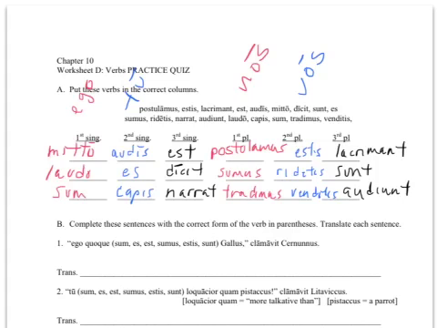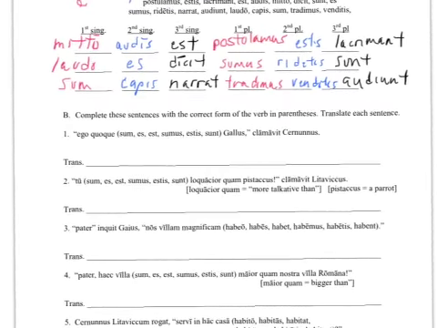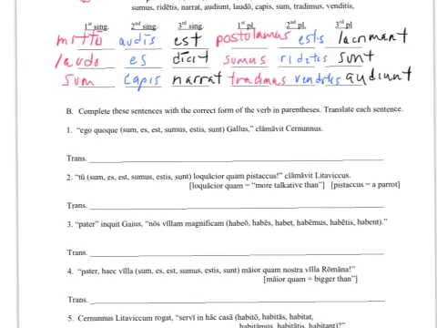Okay, so then what we do is we go down a little bit in the worksheet, and we notice that we're going to have to be able to not only put them in a chart like that, but also decide which one we're going to circle once we've identified the subject.